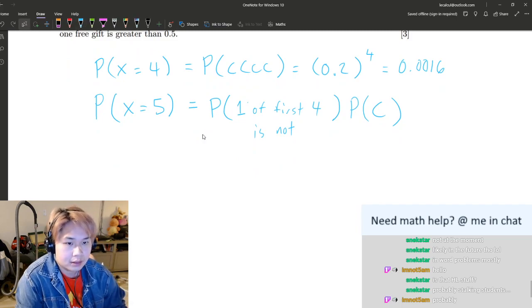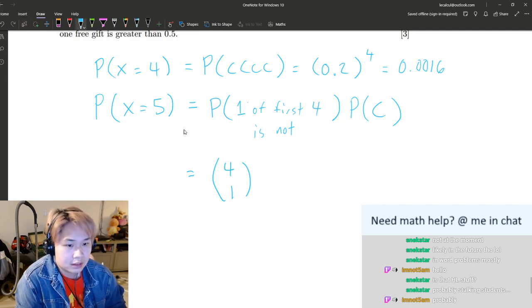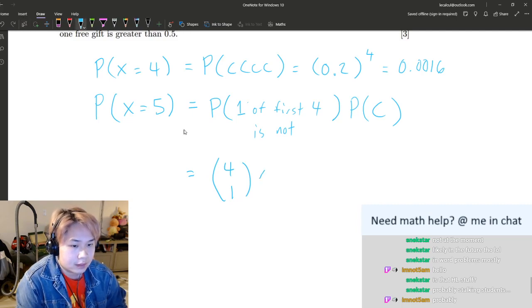Okay. So out of the 4, we need to choose one of them to be the not popsicle one. This is like binomial probability stuff. So then that one that doesn't have a coupon has a probability of 0.8.